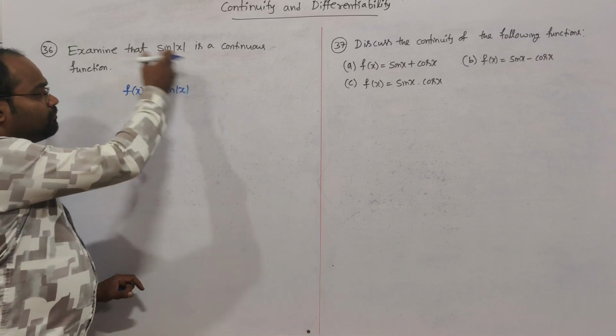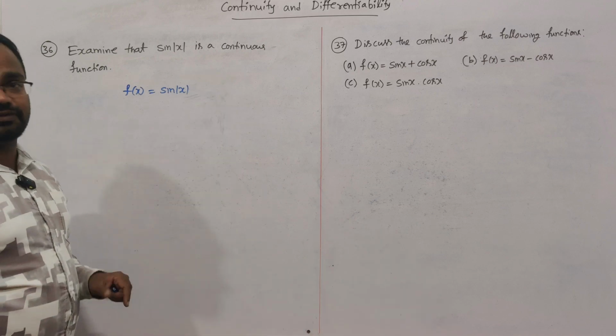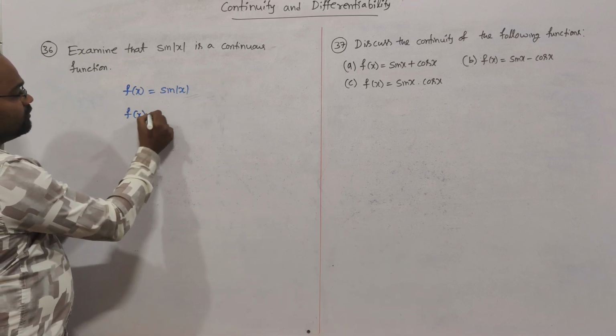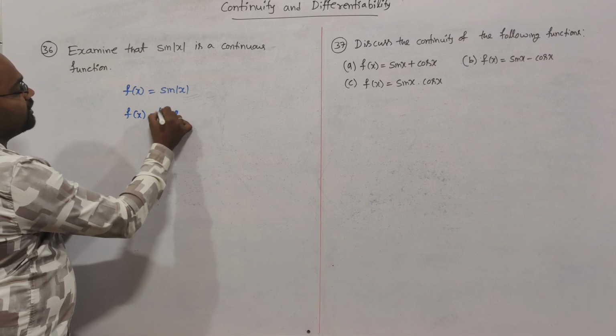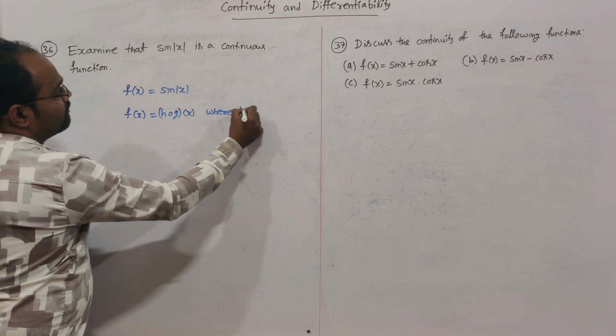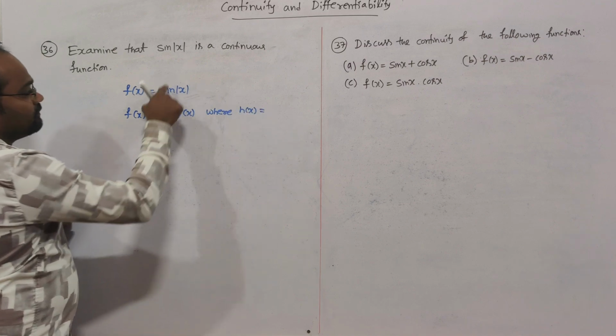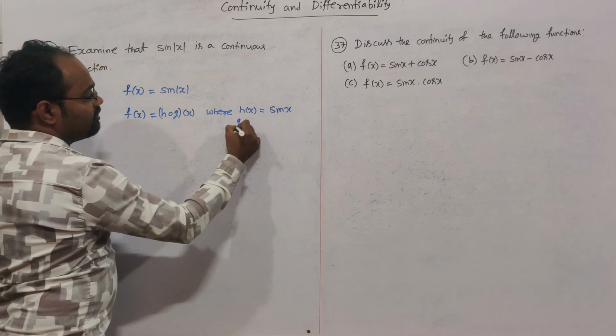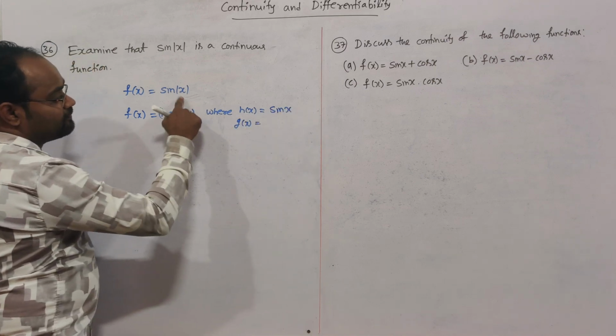Therefore composition of two continuous functions will become continuous. How do you split it? Take f of x is equal to h of g of x, where h of x, the outer function, is sin x, and g of x, the inner function, is mod x.